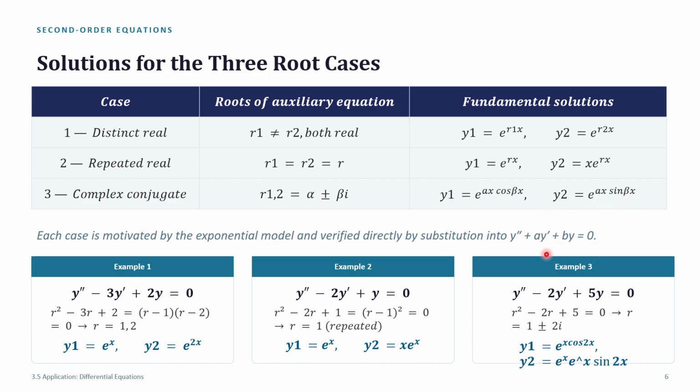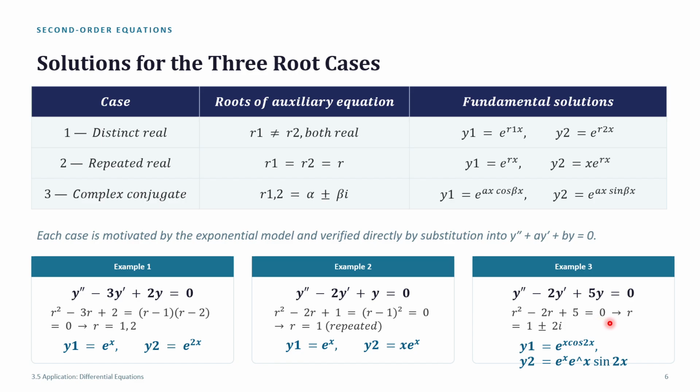So we will proceed with example 3: y double prime minus 2y prime plus 5y is equal to 0. Of course, like what we did, we let y be equal to e raised to the power of rx. The auxiliary equation corresponding to this is r squared minus 2r plus 5 is equal to 0.